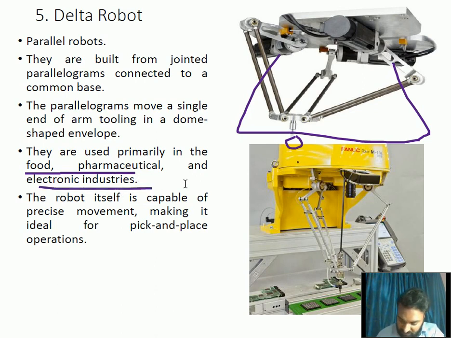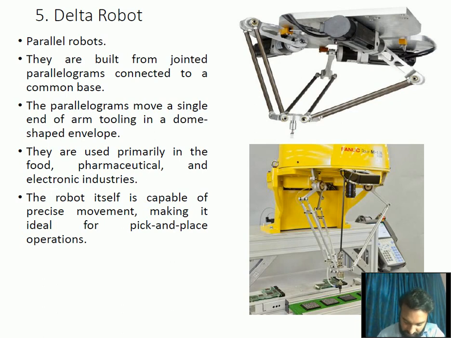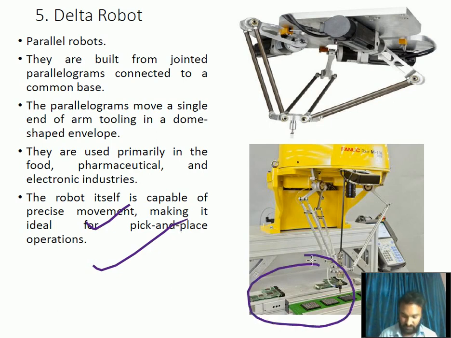This robot is capable of precise movement, making it ideal for picking and placing types of jobs. It is used in the semiconductor industry, where you sometimes need to solder or do wiring on the semiconductors.